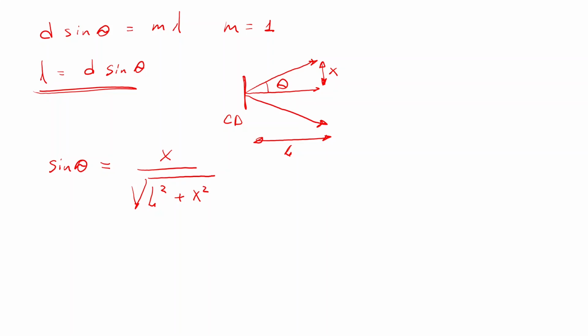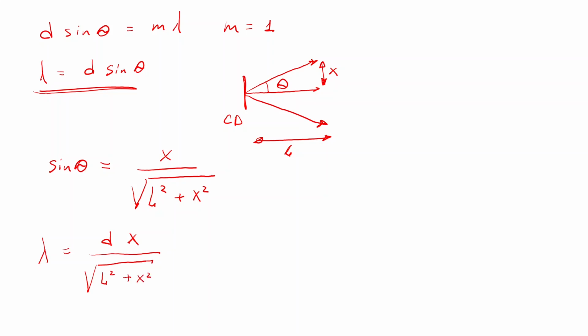So now, taking this into account, we can write that lambda, the wavelength, the unknown parameter which we want to determine, will be equal to d, the period of the diffraction grating, which we know from the given information from manufacturers of CD and DVD discs, times x, the distance between the 0 and first order diffraction maxima, divided by the square root of L squared plus x squared.